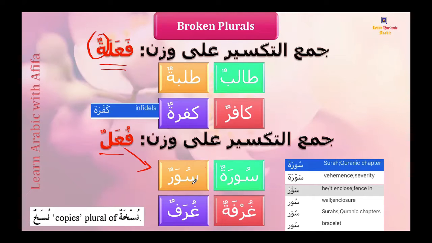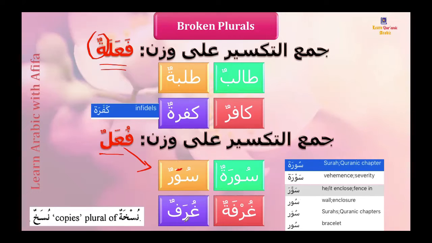Okay, so the spelling of this word is different than the spelling of this word for bracelet, right? So we observe that there is a fatha here, suwarun, versus siwarun, right? So you have to realize that it follows this pattern, and this is a plural of this word, okay?